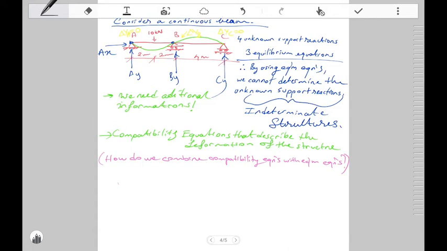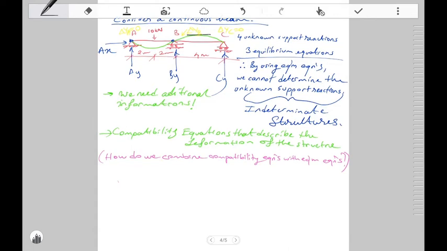Okay, now I have this information: delta yb is equal to 0, and delta yc is equal to 0. And also I have the equilibrium equations. So the question is, how do we combine the compatibility equations with equilibrium equations? That's the main question.